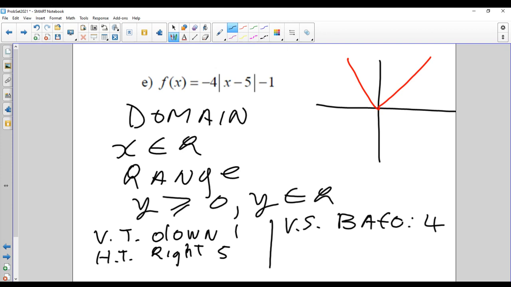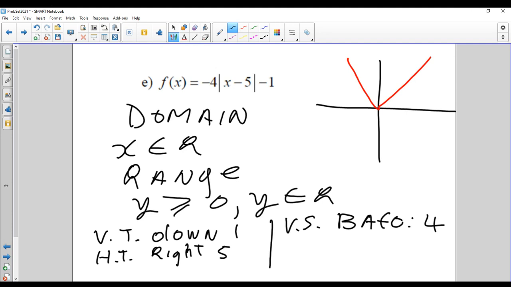But no, yes, question. Does that say down 1? It does say down 1, yes. It's in my own speak, okay? All right. Yeah. Sorry, go ahead. Yeah. On the reflection on the x-axis. Yep.